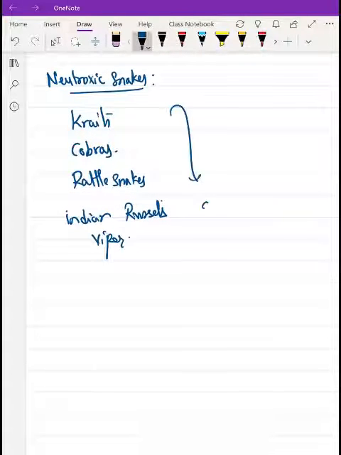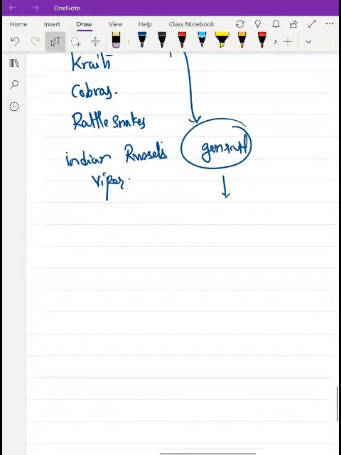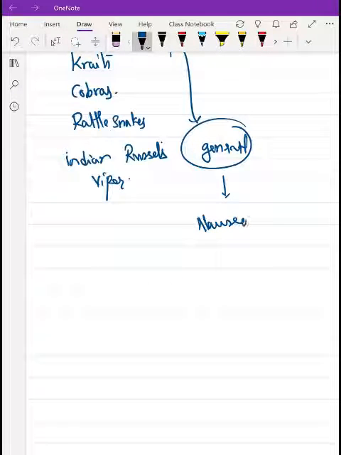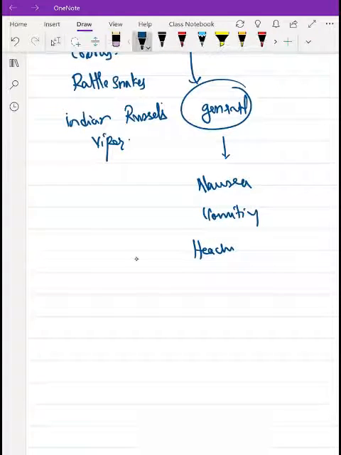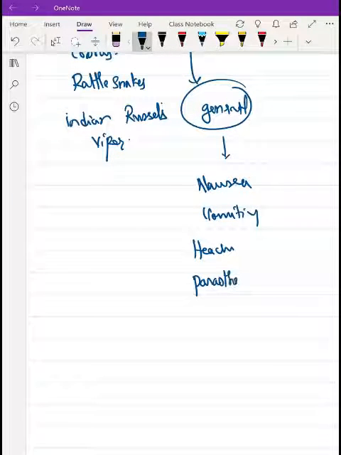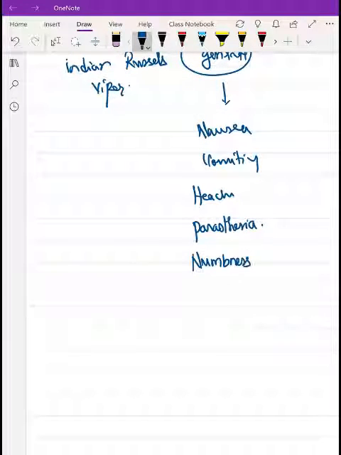General symptoms include what we see in movies. We see the hero or heroine or villain gets bitten by a cobra, what do they get first? Nausea, vomiting, headache. Paresthesia is due to involvement of nerves, and numbness. Here numbness is due to nerve involvement.